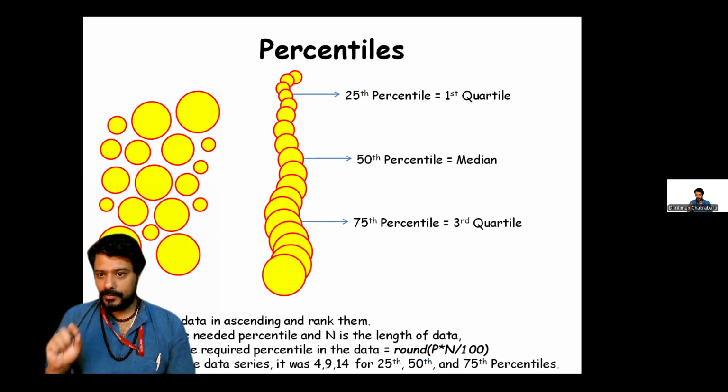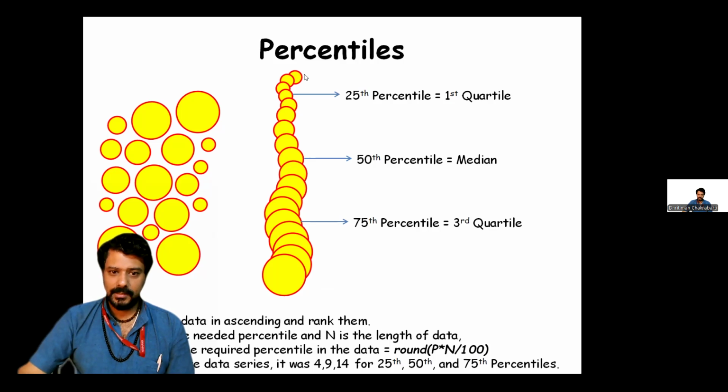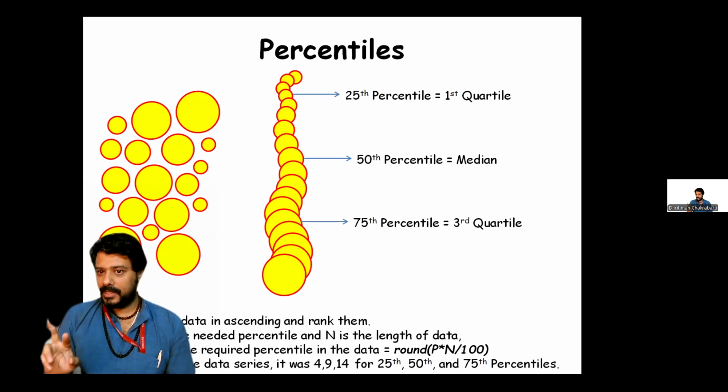So basically, P into N by 100, that is the percentile you want, multiplied by the number of data in the series divided by 100, gives you the rank of the data, that is that percentile. So basically whatever your numbers are, whether it is 1 2 3 4, whether it is 1 1 2 2 3 3 4 4, or whether it is 1 10 15 20, whatever the data series is, everything gets ranked, meaning that the difference between one and whatever the next number is doesn't have much importance.